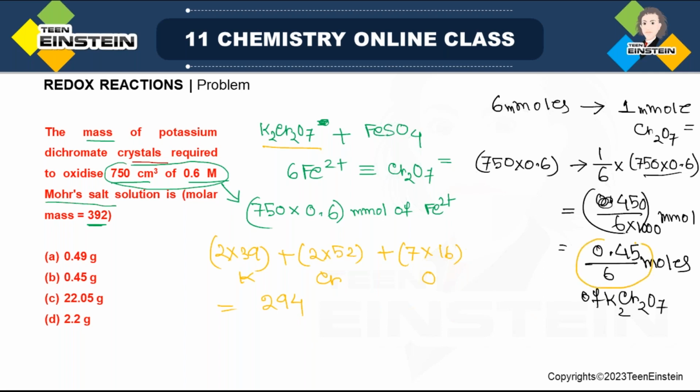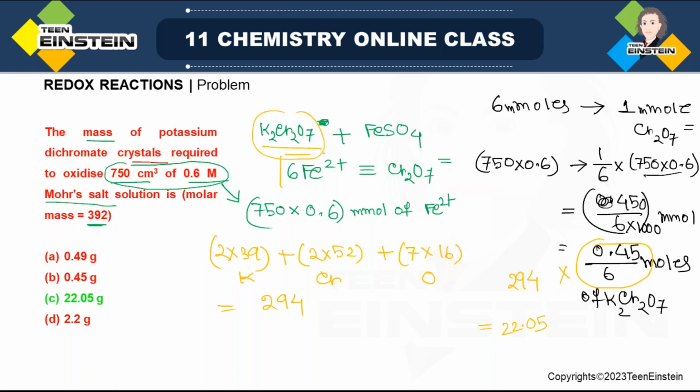Now when you multiply with this 294, you get the answer, and that is actually option C. Okay, so it is simple. The mass of K2Cr2O7 is the answer that we require.